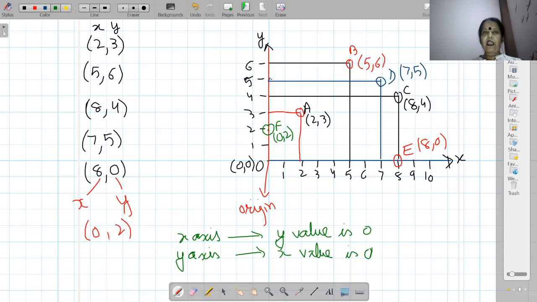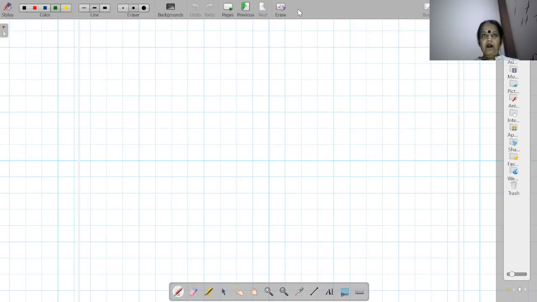Now we will take the exercise. For that, again you have to plot the graph first.